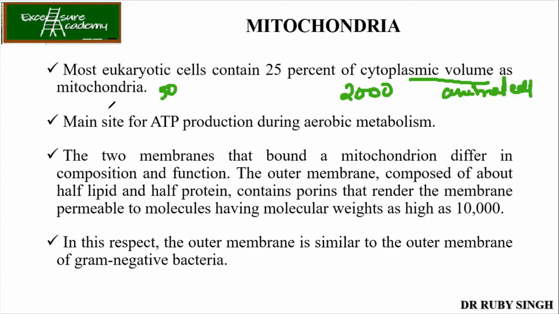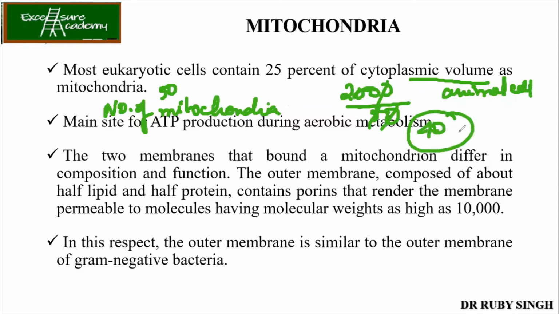So you need to calculate the number of mitochondria. By reading the question, many students get confused about how exactly to carry out the numerical. Usually it is very simple. What you have to do is total cytoplasmic volume divided by the volume of the given mitochondrion. So how much are you getting? Around 40. So around this should be the answer to your question.